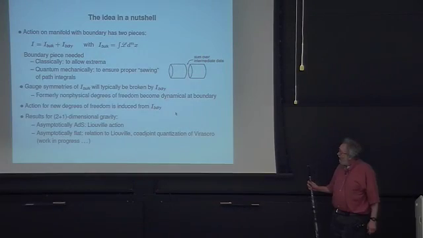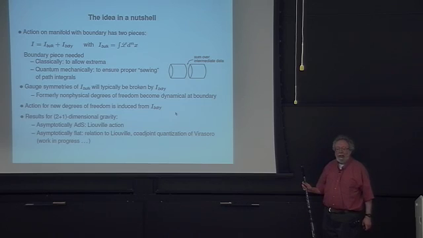So to start with, most of the physical theories that we know are written in terms of an action whose variation gives classical field equations and whose path integral gives quantum amplitudes. If you have an action on a manifold with boundary, typically you are forced to add an additional boundary piece to the action.